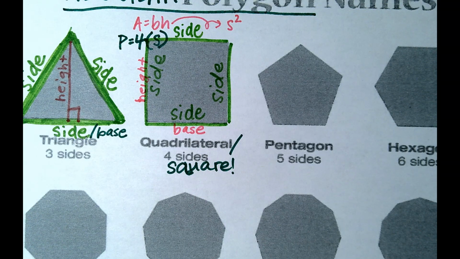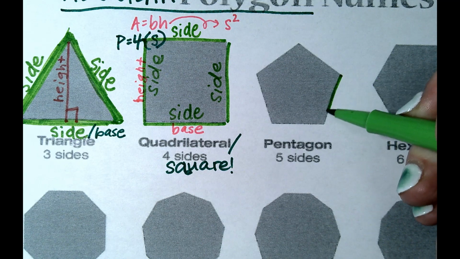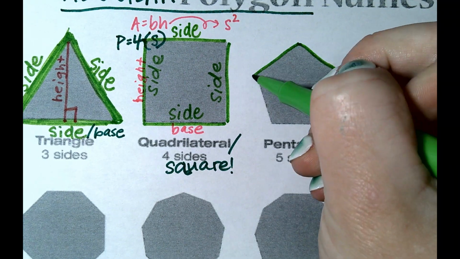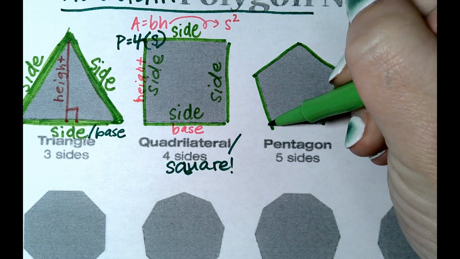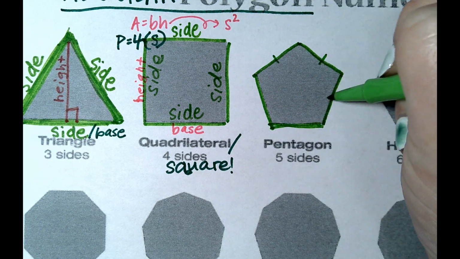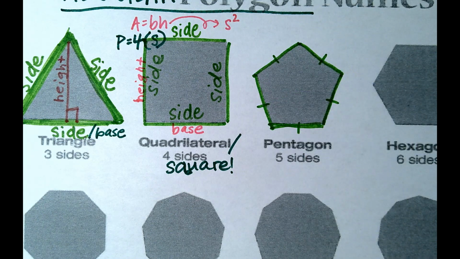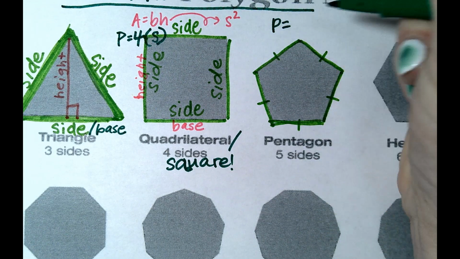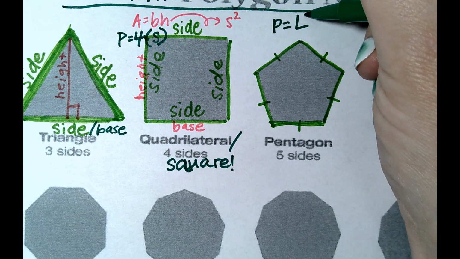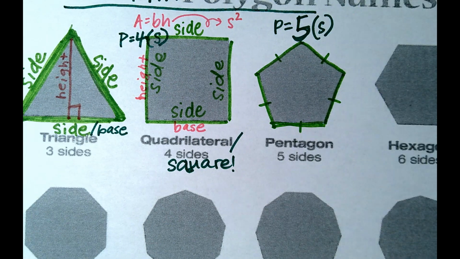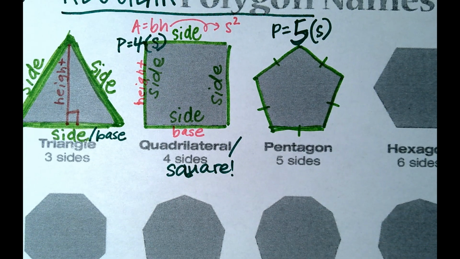So, I'm going to look here. A 5-sided shape now is called a pentagon because it has 5 sides that are all the same. 1, 2, 3, 4, 5. So the perimeter is 5 times the side length, because there's 5 of them.